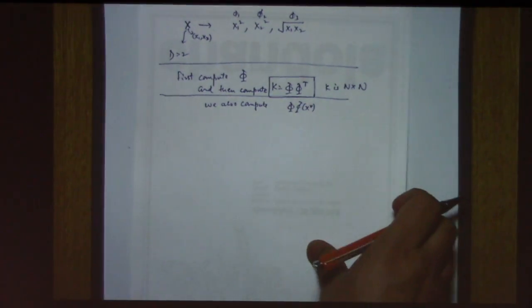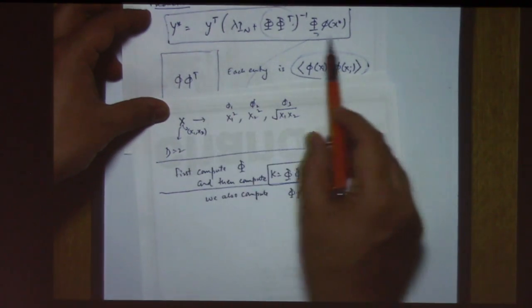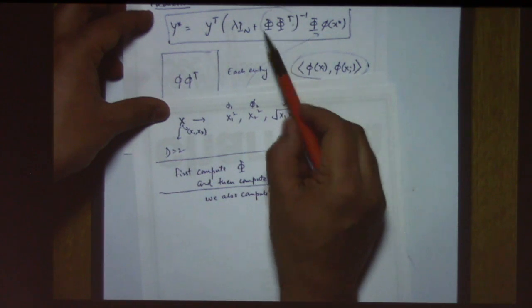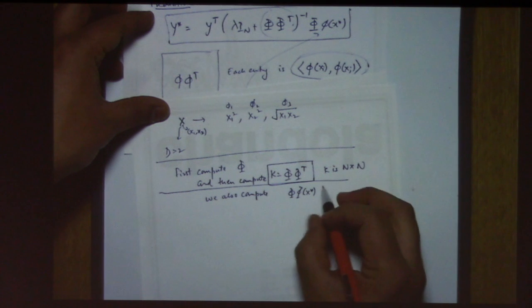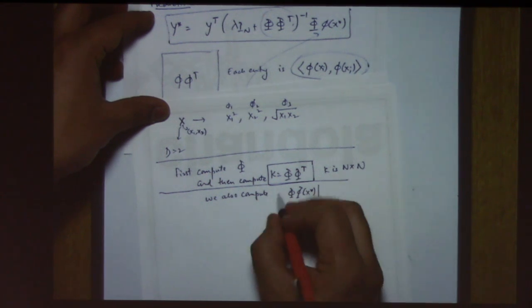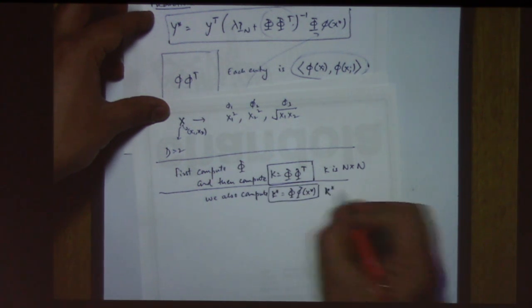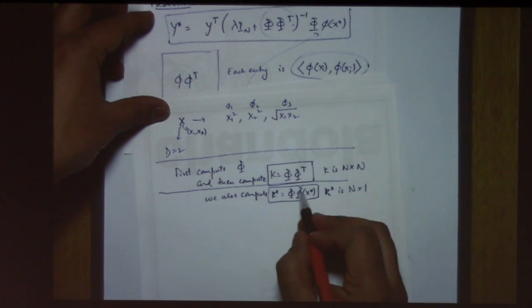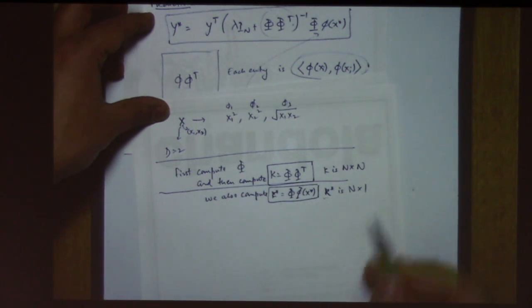I'm going to denote this part as a K star, a small k. K star is n cross 1, because that's the inner product between your every training point and your new data object.